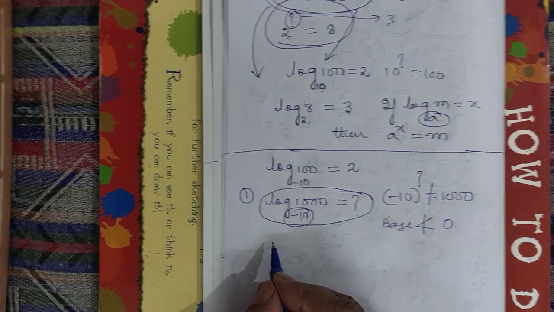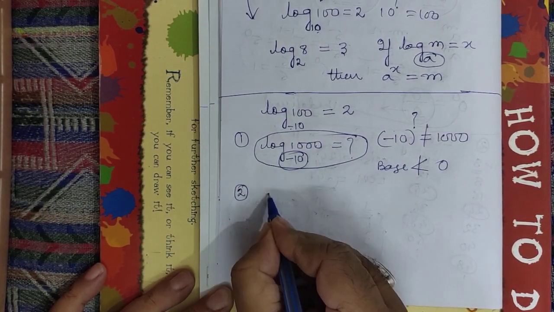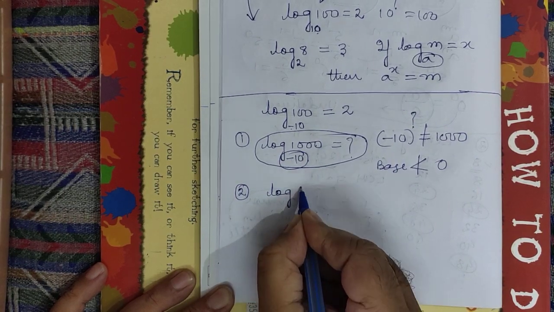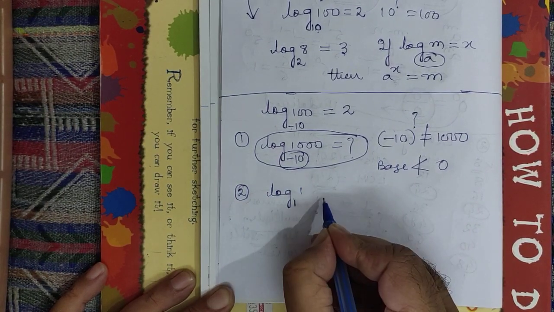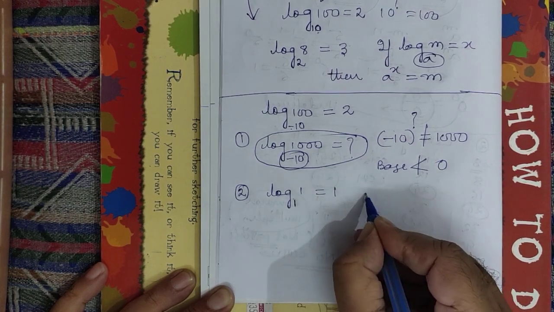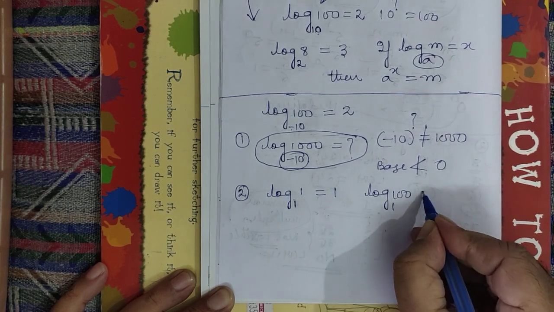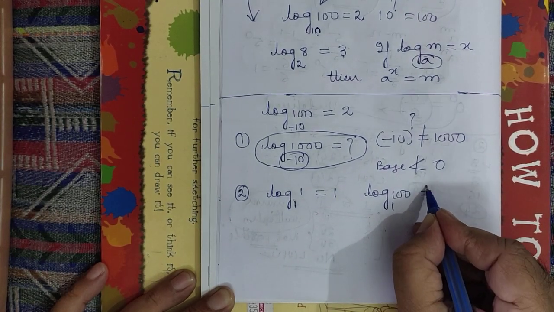Secondly, if I say log 1 base 1, you would say it will be 1. However, if I say log 100 base 1, again, you cannot get a value.